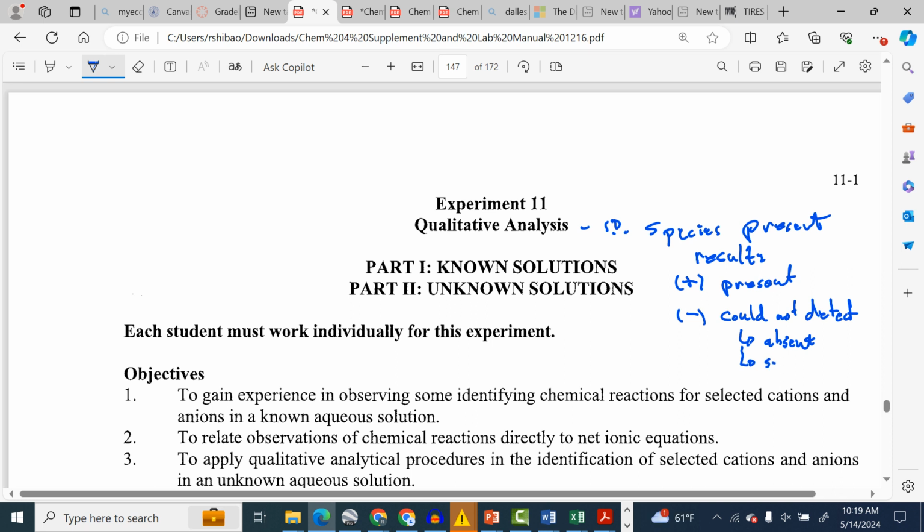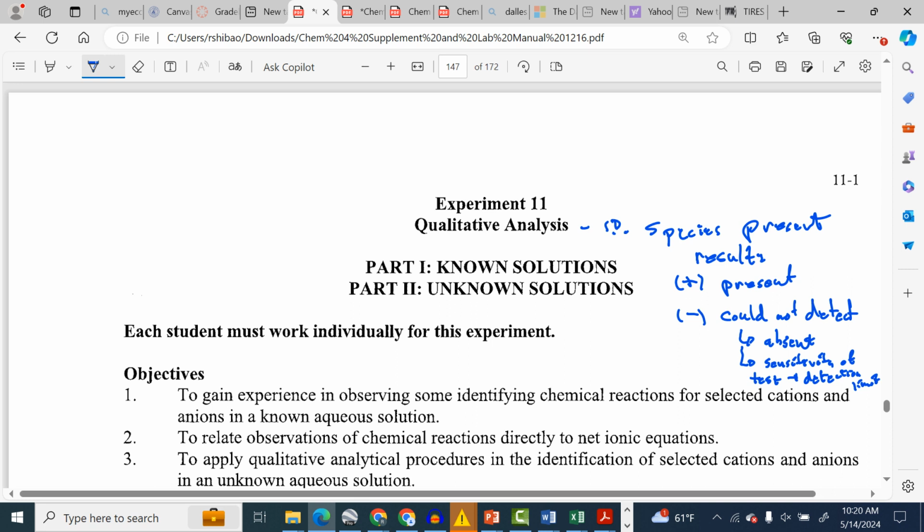It depends on the sensitivity of the test. We have something called the detection limit. So if it's below the detection limit, then we aren't going to see it. But it could be there. And each test is different.